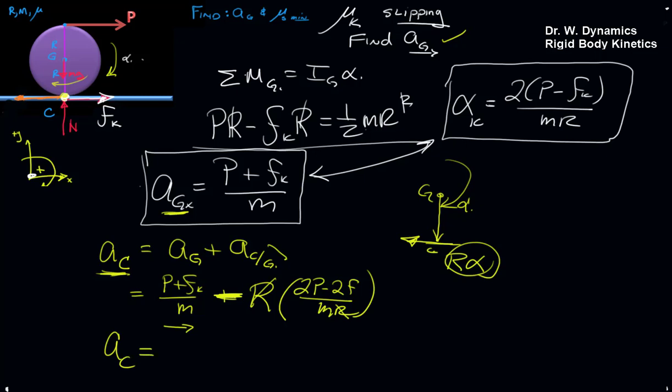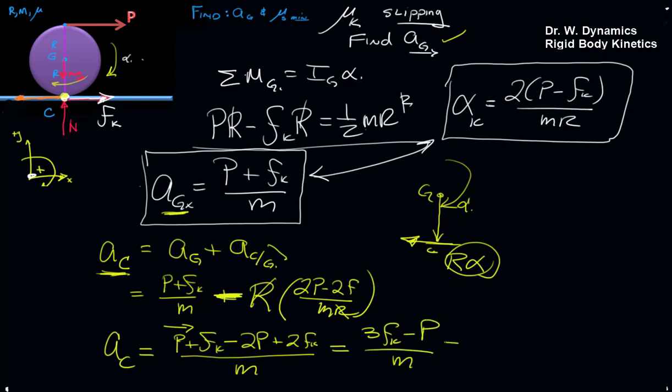Let's make this one big common denominator. So we have P plus Fk minus 2P plus 2Fk all over M, which will be 3Fk minus P over M, would be the acceleration of point C on the ground.